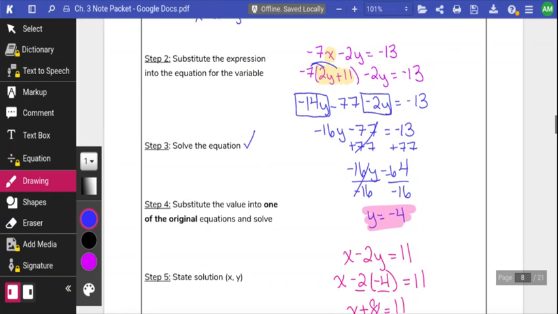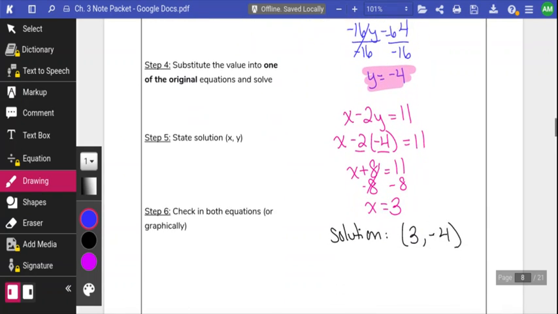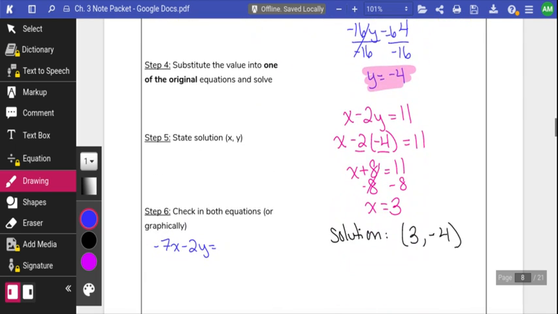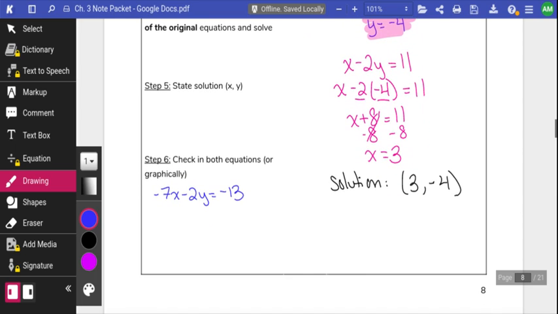Our first equation, -7x minus 2y equals -13. And I'm just going to take my values for x and y and substitute them in. -7 times 3 minus 2 times -4 equals -13.